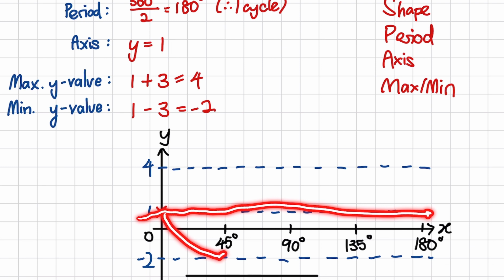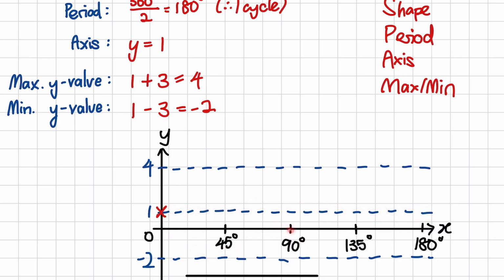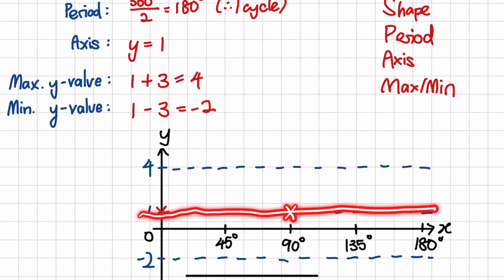Then it will go back upwards. And at the halfway mark of the cycle, it will touch y value 1 when it is 90 degrees. Remember this very clearly because it doesn't touch at this point here, it touches at this point over here. Because this is your axis of the graph, your graph starts from this value of y equals 1.